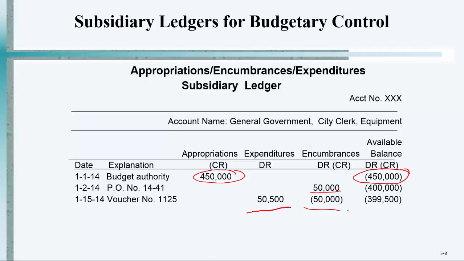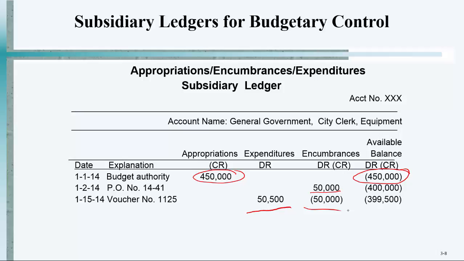That encumbrance is gone. For a split second, my budget authority comes back up to 450, but then I debit expenditure for the actual amount, and now I know that I only have $399,500 left to go, right?